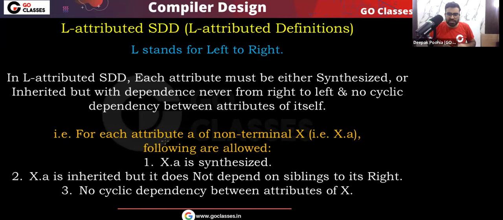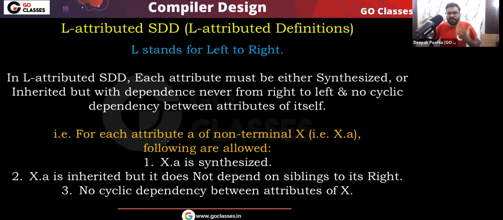In L attributed SDD, three types of attributes are allowed. All the synthesized attributes are allowed. For inherited attributes, there is a condition that they must not take data from the right sibling.